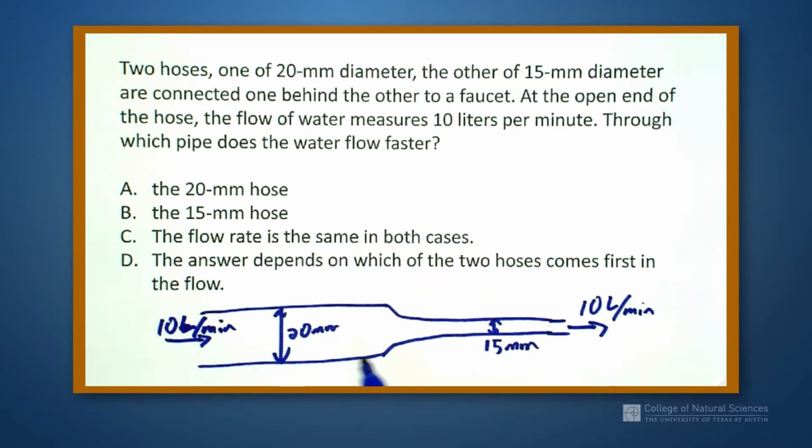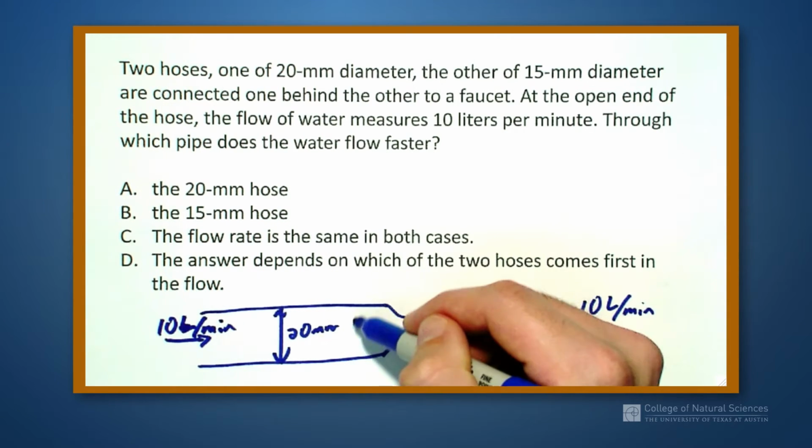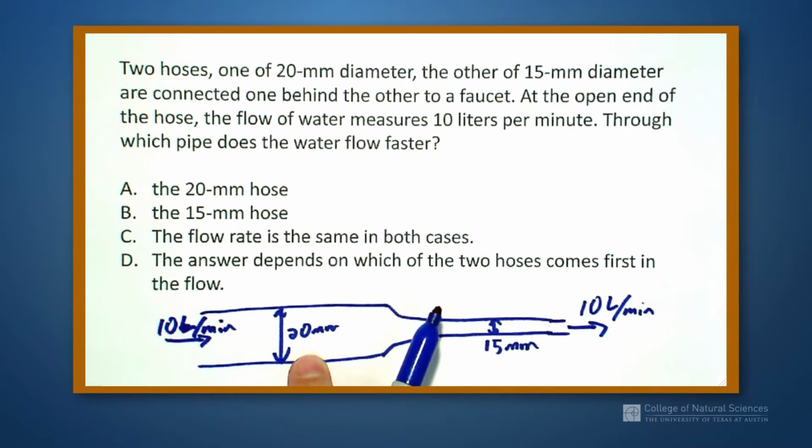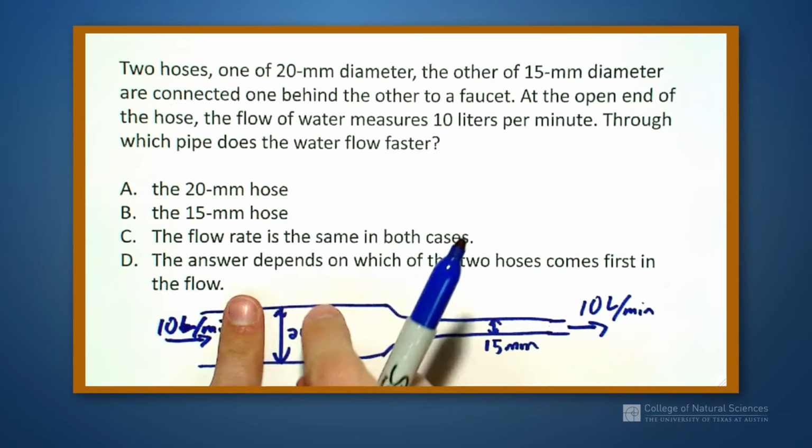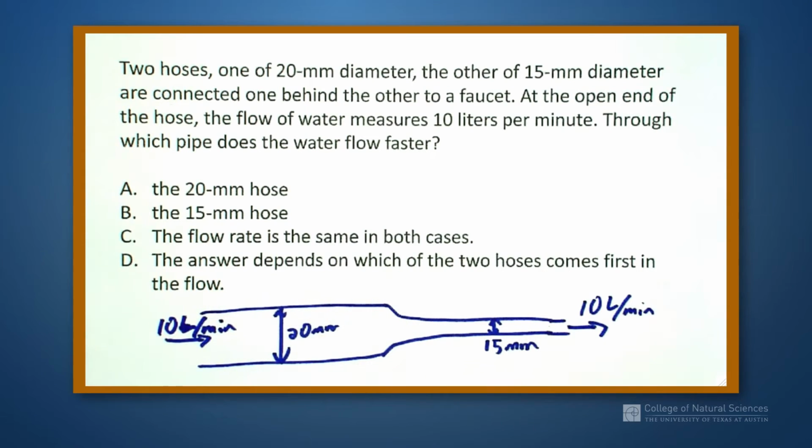If there's 10 liters per minute flowing into it, the amount of volume that can flow through this pipe is a large volume for a small area or a small length. So we're going to invoke the continuity equation, which says the same amount of liquid flows through both parts.